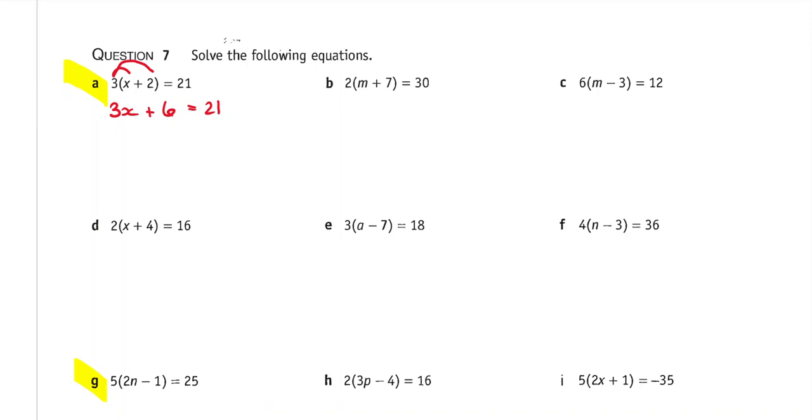Let's minus it. Minus 6, minus 6. 3x equals 15. Now get rid of the 3. So I'm going to divide by 3. Divide by 3. X is equal to 5.